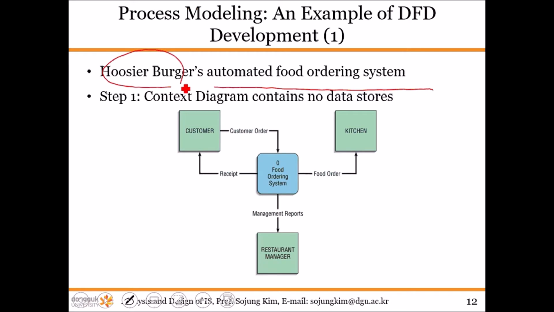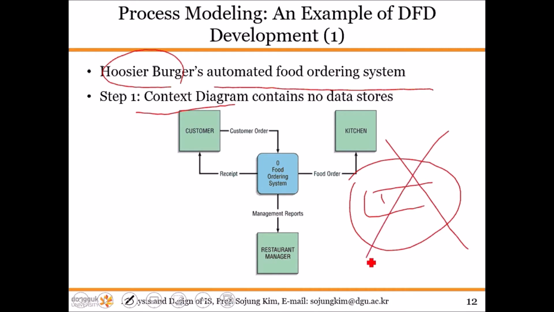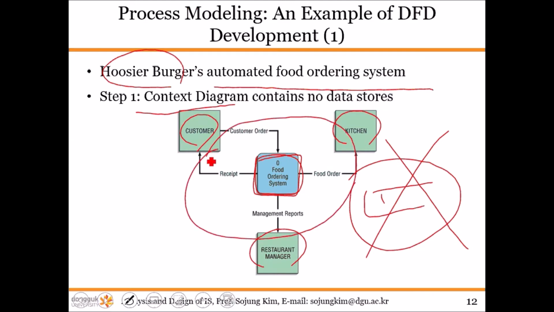Step 1, you need to draw the context diagram. It contains no data stores. So as you can see, there are no data stores, right? We have three external entities, and then one single system, one process, okay?